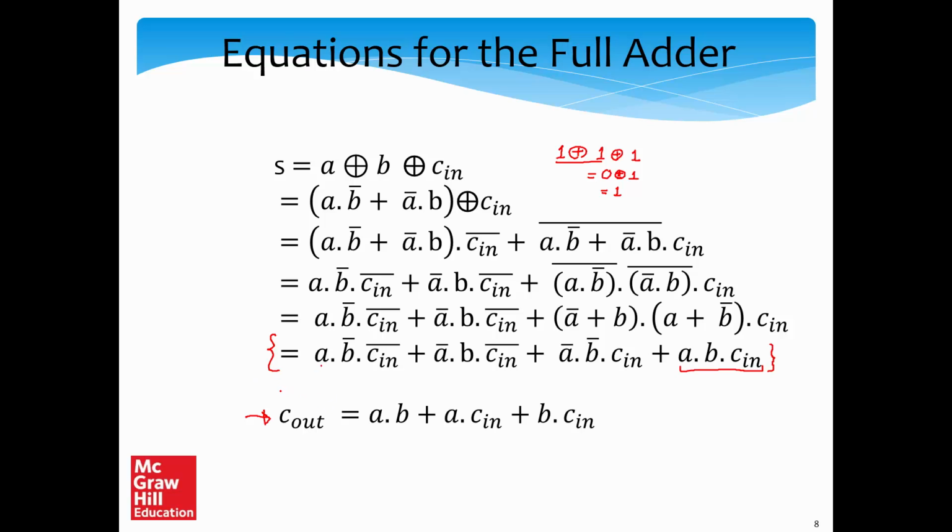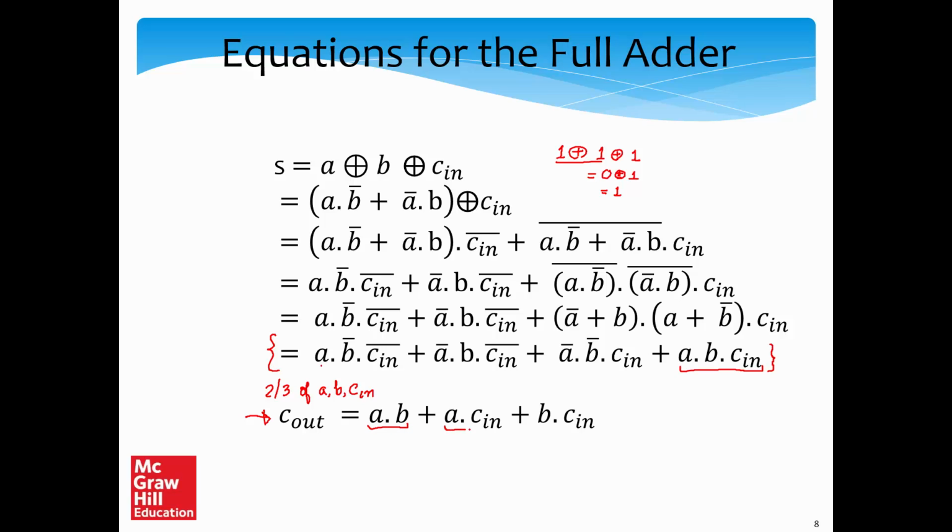Let me just summarize. When is carry out equal to true? Carry out is equal to true when at least 2 out of 3 of A, B and carry in are equal to true. So the way to express this is, if A and B are true, then this expression will be true.